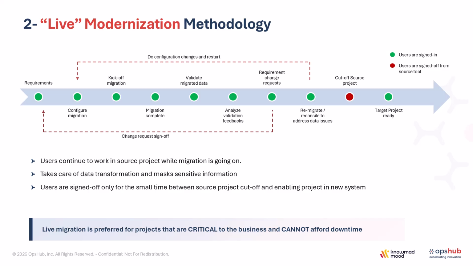If some further transformation changes are needed, we can redo the migration, do everything in parallel with the teams continuing to work in the source system. So there's no downtime. There's no change in process for them while they're waiting for migration.